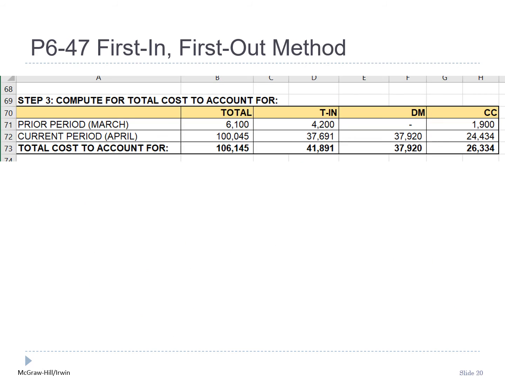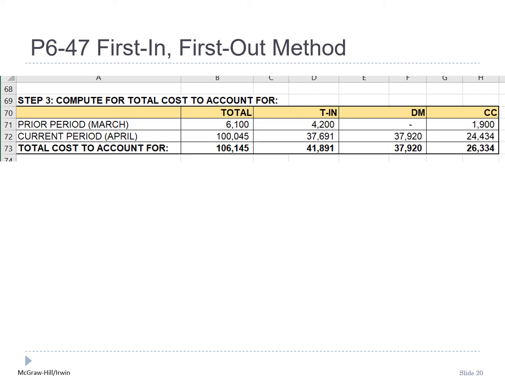Step 3. Ayan. So, dadagdagan lang ulit yung column natin. So, meron tayong prior period na transferred in cost for 2. So, syempre, walang direct material last month. So, 0 yun. So, walang cost yun. So, yung matitira, kasi given yung 6,1. So, yung difference ng 6,1 tsaka 4,2, that will be conversion cost.